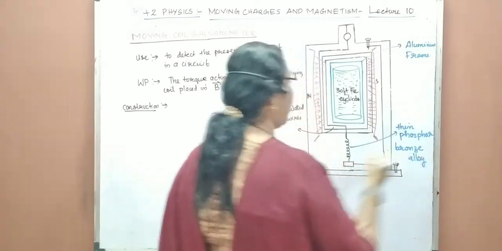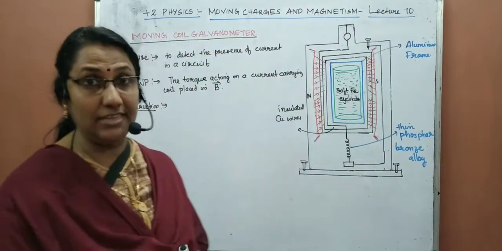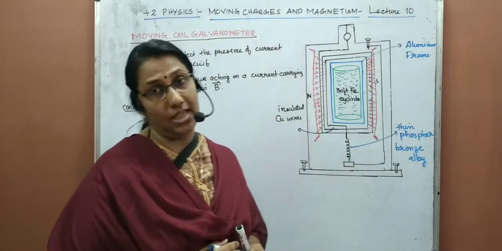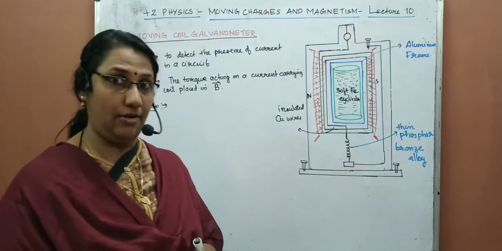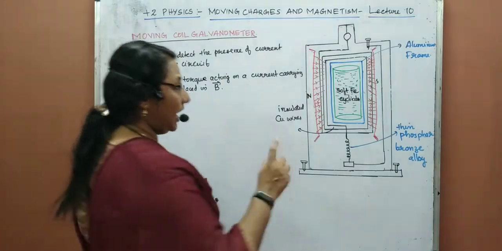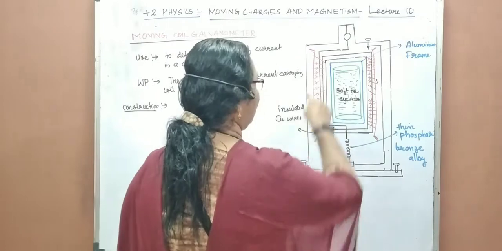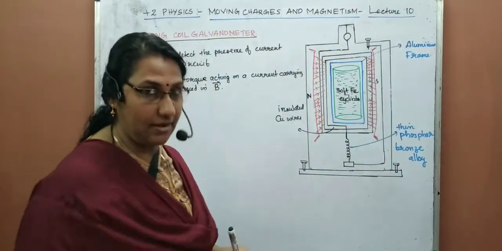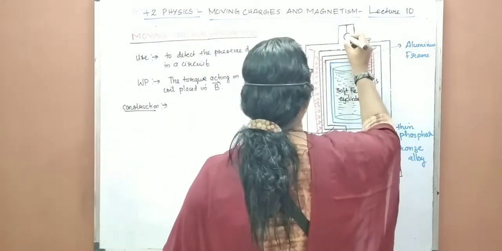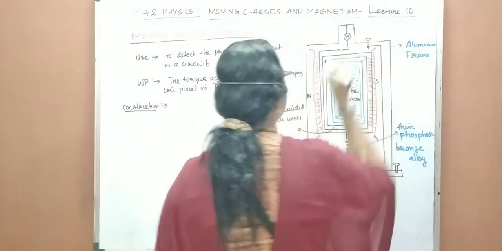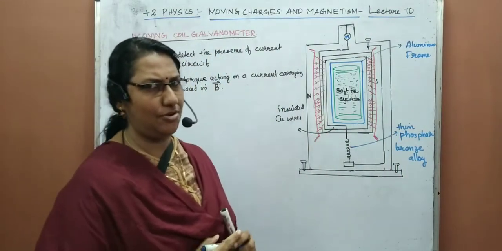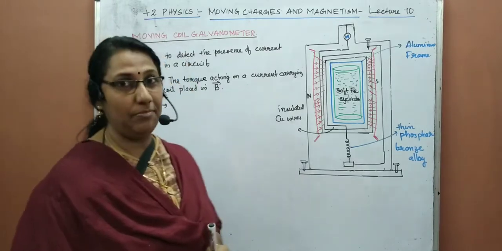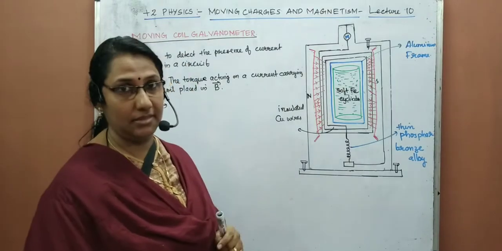The other end of the wire is connected to a mirror. What is the purpose of the mirror? To look at our face when we get tired? No. It is a plane mirror which is connected like this.